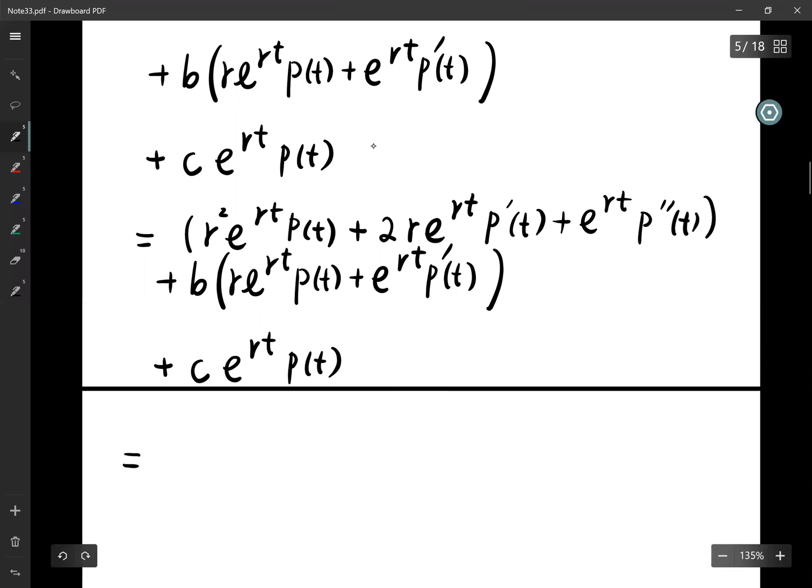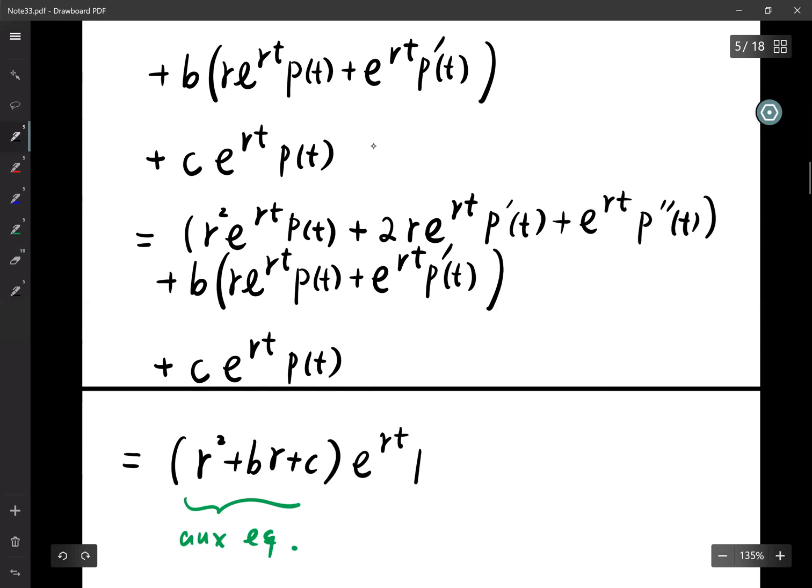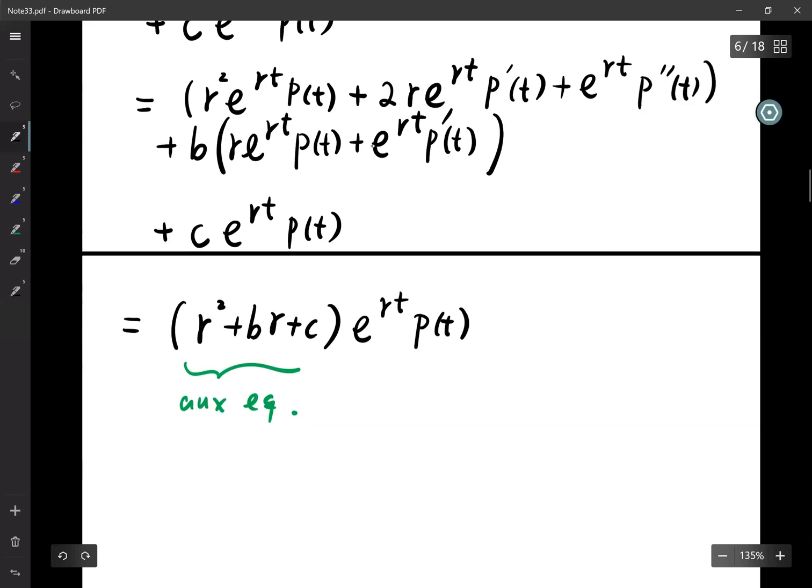Now I collect the relevant terms. The first is e^{rt} times p(t), so this is r squared plus br plus c. You see, this is really our familiar auxiliary equation, times a polynomial.